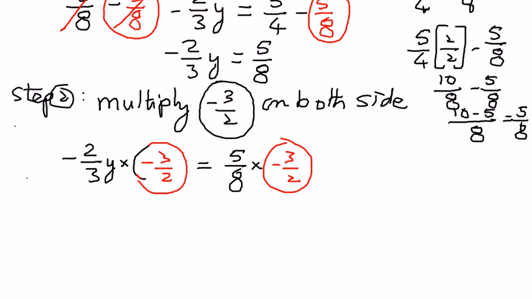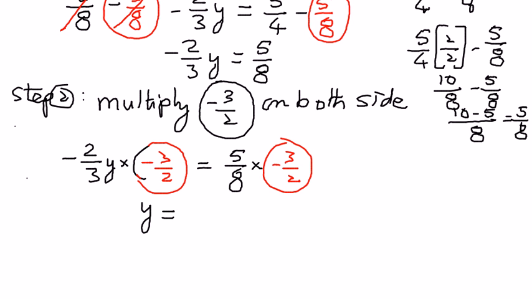And once we do that, as you can see, 2/3 and 3/2, when we multiply a number by its reciprocal, the product is always going to be equal to 1. Negative times negative is going to be equal to positive, and then 2/3 times 3 over 2 is going to be equal to 1, and we are left with positive 1y, or just y, and is equal to, we can simplify the right hand side as follows.